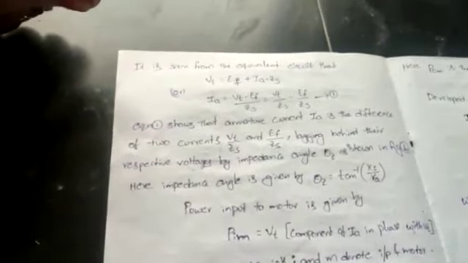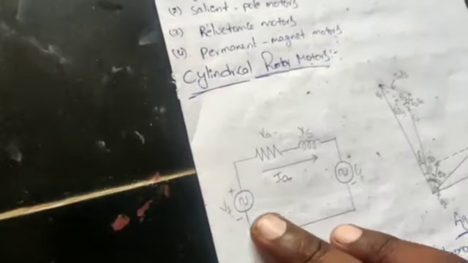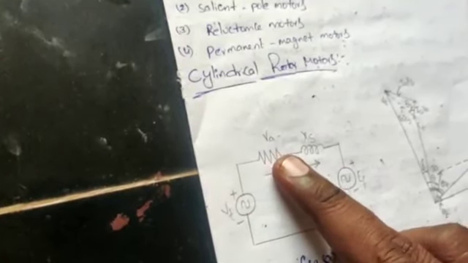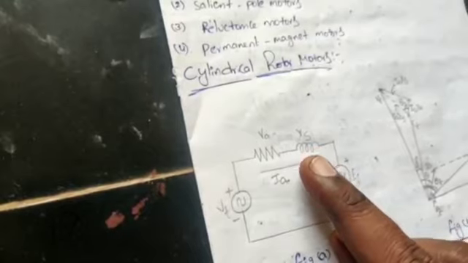It is seen from the equivalent circuit, Vt is equal to Ia Ra plus Ia into Xs plus Ef.